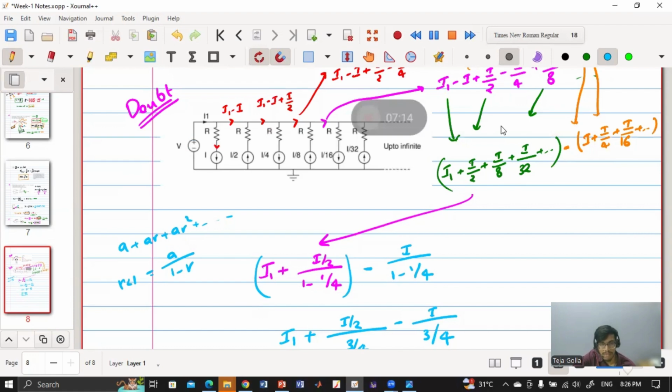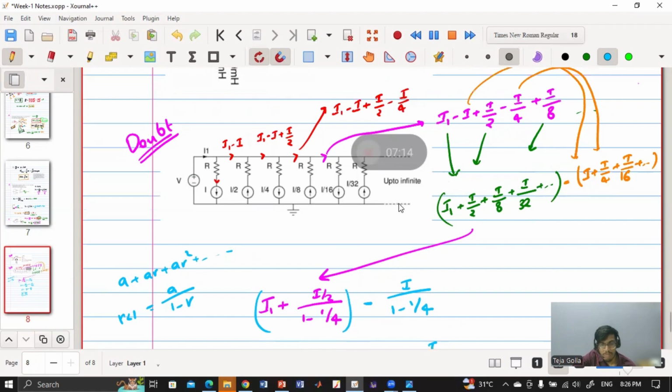Agree? Yes. So now say we have reached the infinite one. Say it has ended, it is the final one. And now we have calculated this current, right? So this current and this current should be equal. Agree?